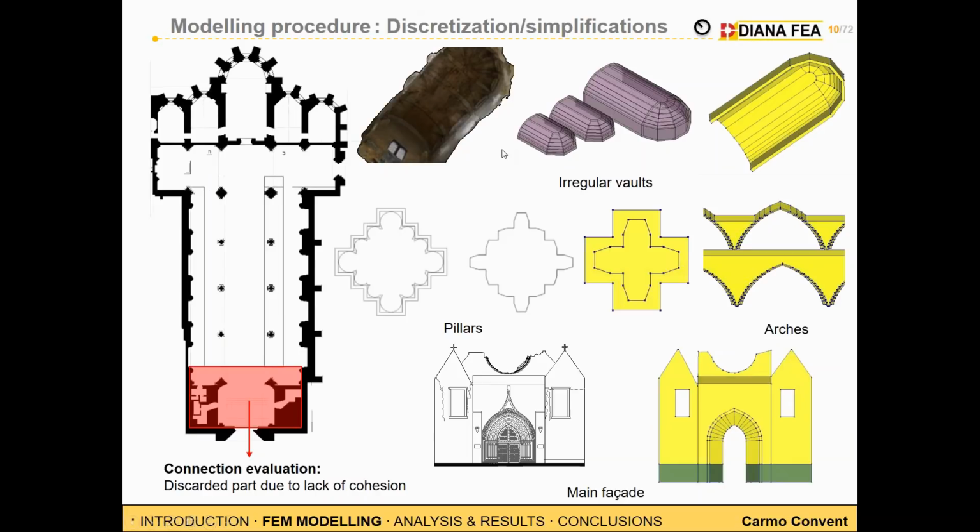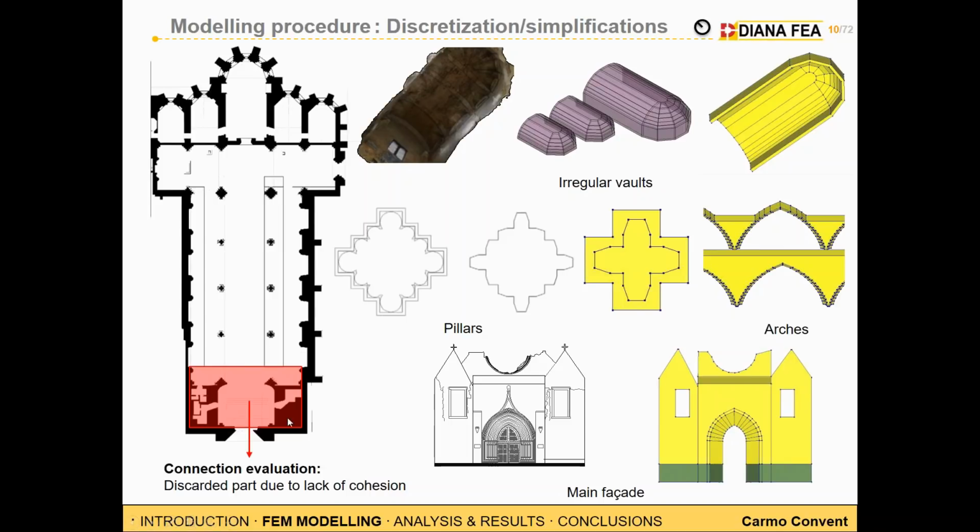I suggest you always think about the possibility to pass from the photogrammetry to the CAD environment and then to Diana environment. To do that, take into account that the edges and the geometry should avoid tiny and small parts in order to have an easier meshing phase.